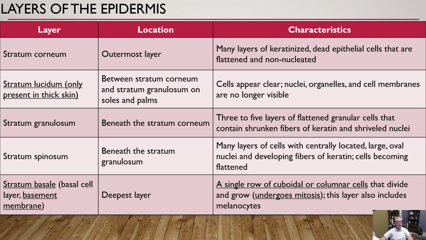All right, so here is a summary slide of the different layers. Obviously, you're going to have to memorize the 5 layers of the skin. Know that stratum lucidum is only present in thick skin. So know that the stratum basale layer has that cuboidal or columnar cells, and that's where mitosis happens.